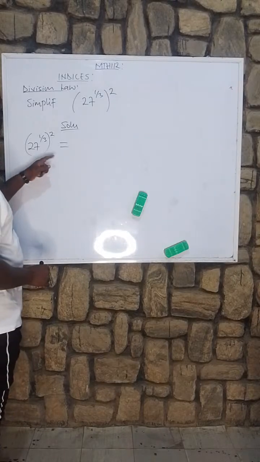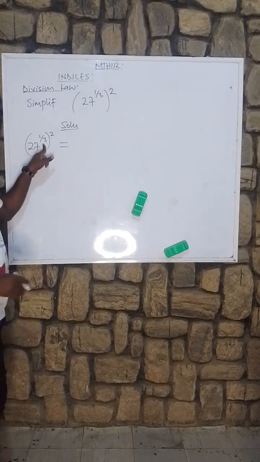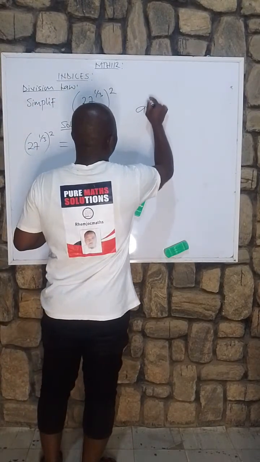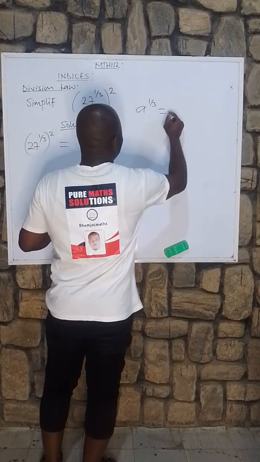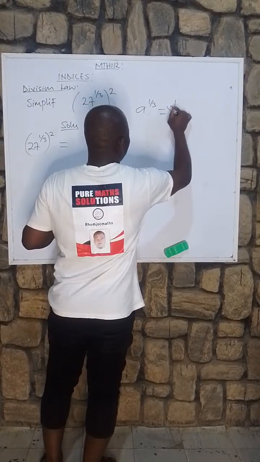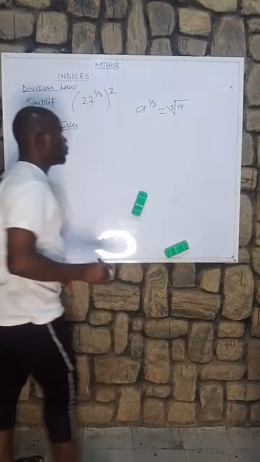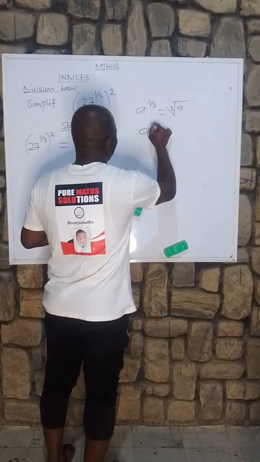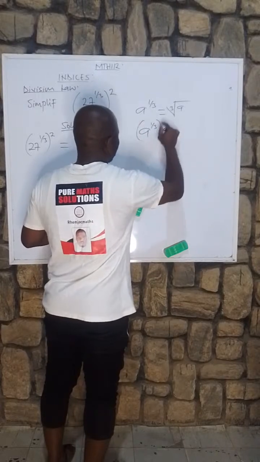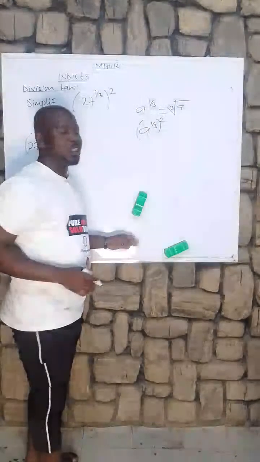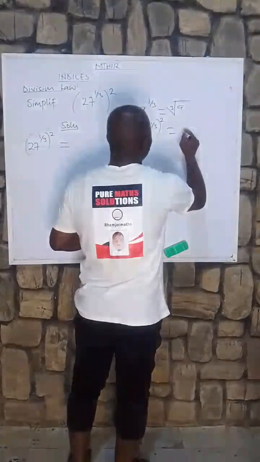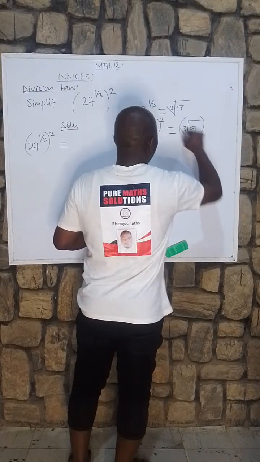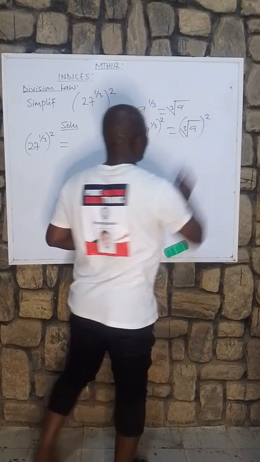what we need to do. Either you do it this way, it's as simple as ABC. I told you that if we have a raised to the power of 1 all over 3, this is the same thing as the cube root of a. True or false? It's true. So if we now have (a raised to the power of 1 all over 3) raised to power 2, it means this is the same thing as (the cube root of a) raised to the power of 2.